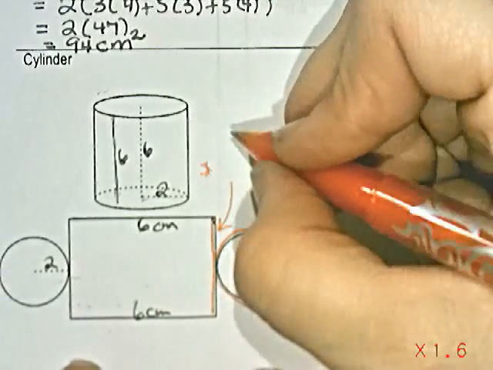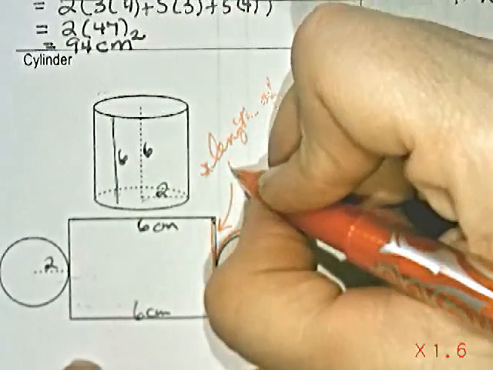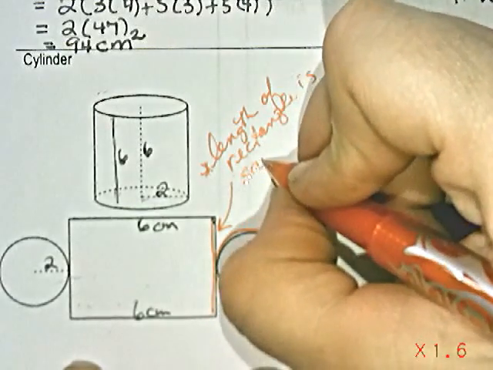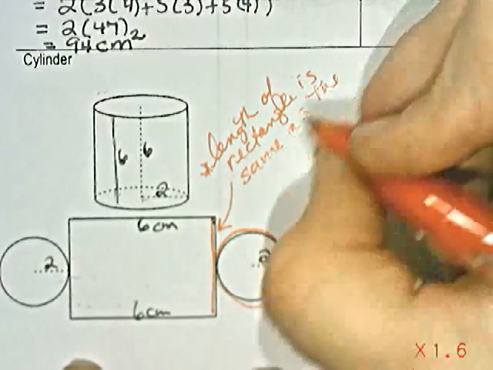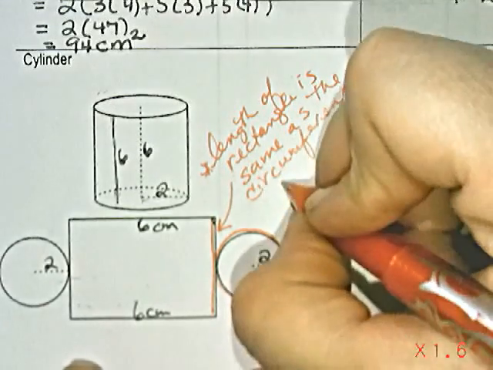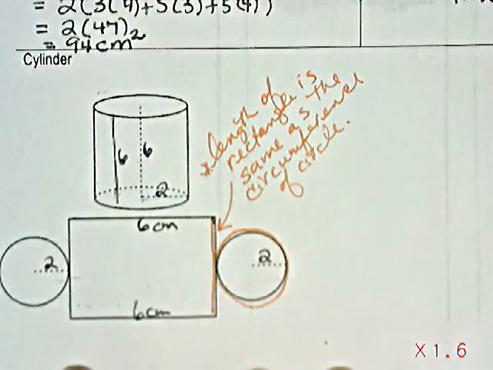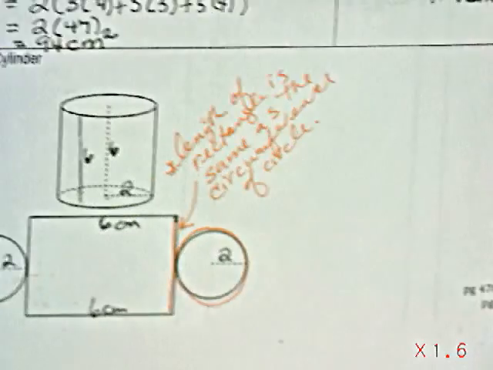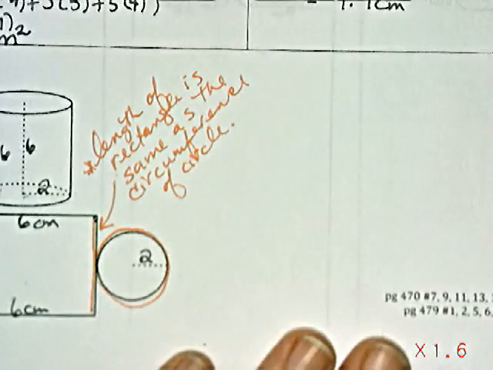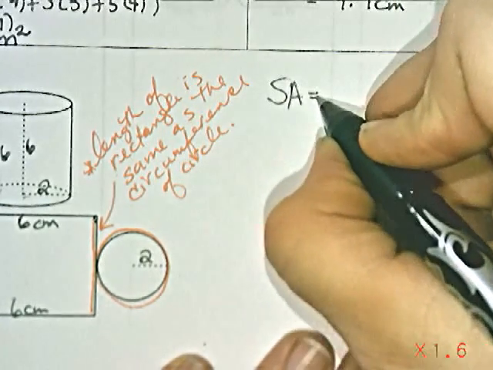The length, or you can call it the width, but the length of the rectangle is the same as the circumference of the circle. And we remember that the circumference equation is 2 pi r, or pi d, either one, if you know the diameter or the radius.